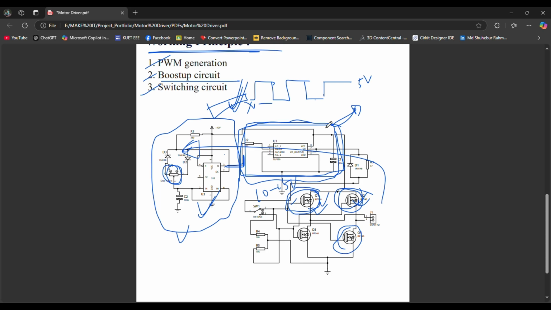So you have to use this boost up circuit, and it will make the same replica of the signal but with a higher voltage level, like 15 volts. You can set this higher level by providing the voltage at the VCC level. Suppose you are supplying 12 volts at VCC, this voltage will also be 12 volts. So this is how the thing works.